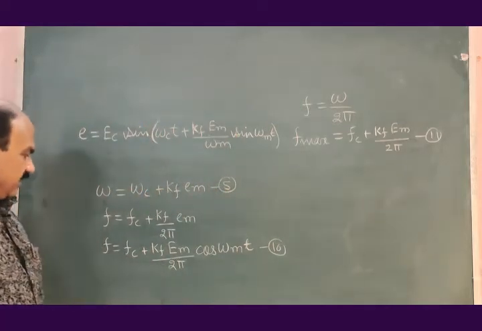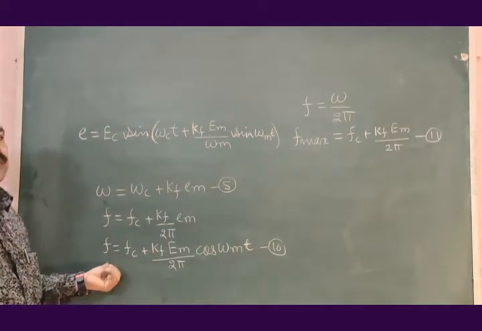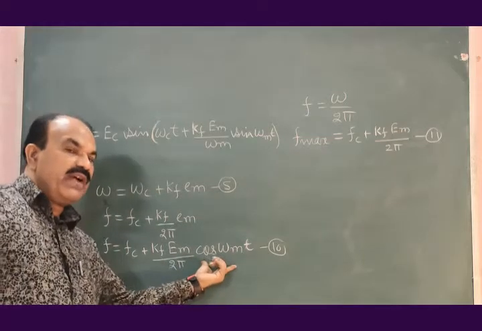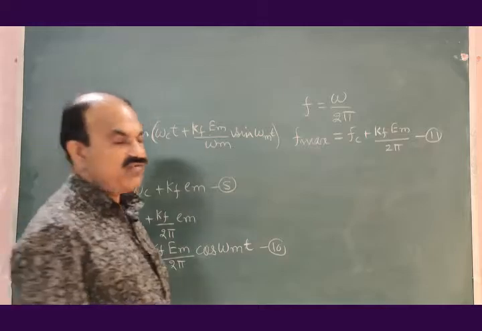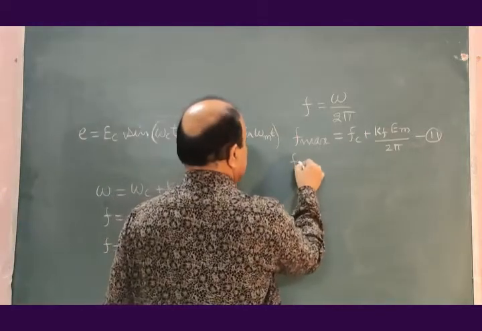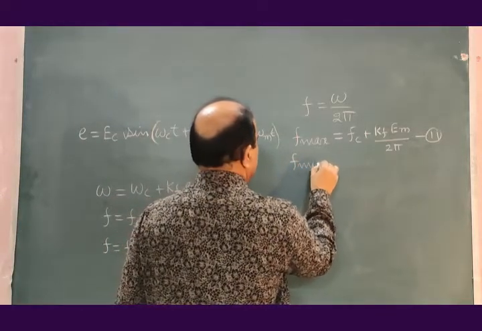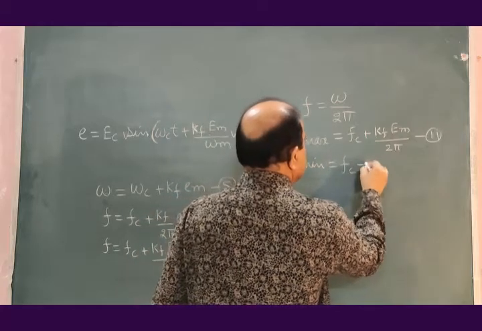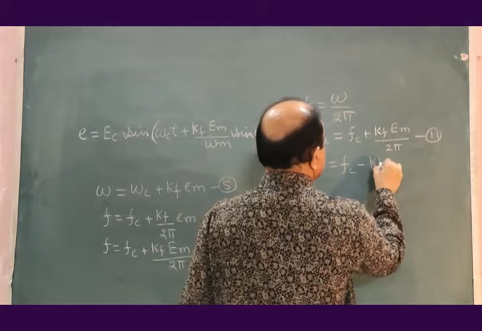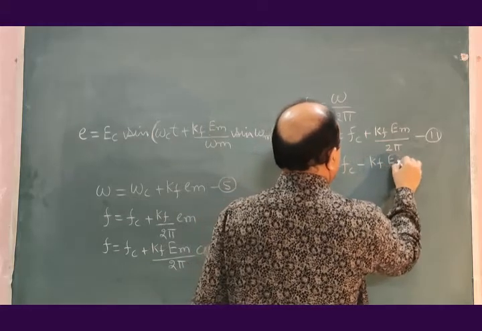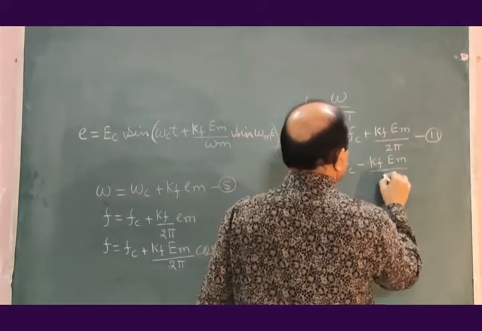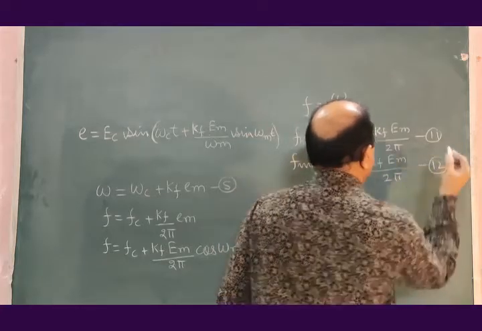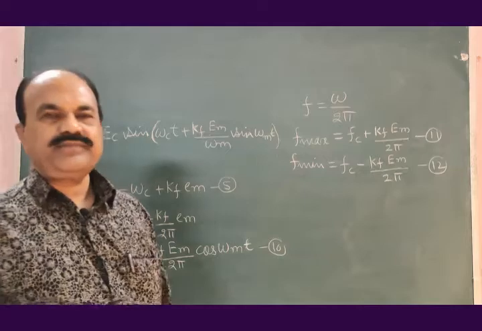equation number 11. Then we want to get F minimum. F minimum will be obtained when cos omega t is equal to minus 1. That is, F minimum is equal to Fc minus Kf Em divided by 2 pi, equation number 12.